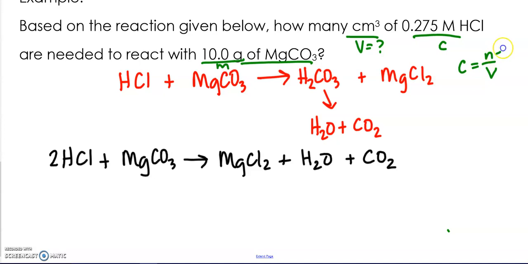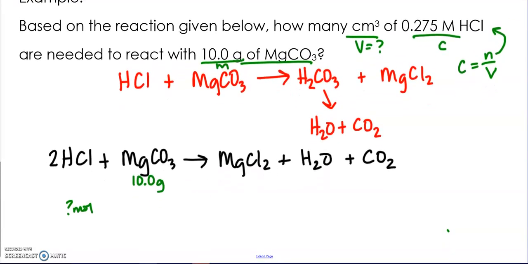So I need to find moles of HCl. Okay, so if I'm trying to find moles of HCl, how can I get them? Well, what else do I have? I have 10 grams of magnesium carbonate.